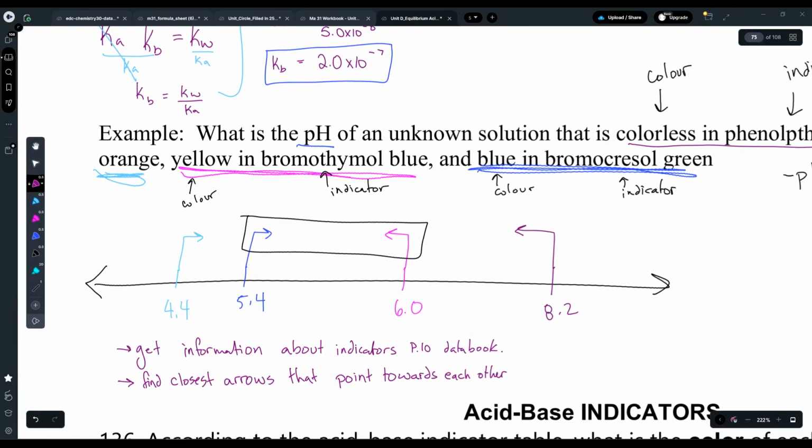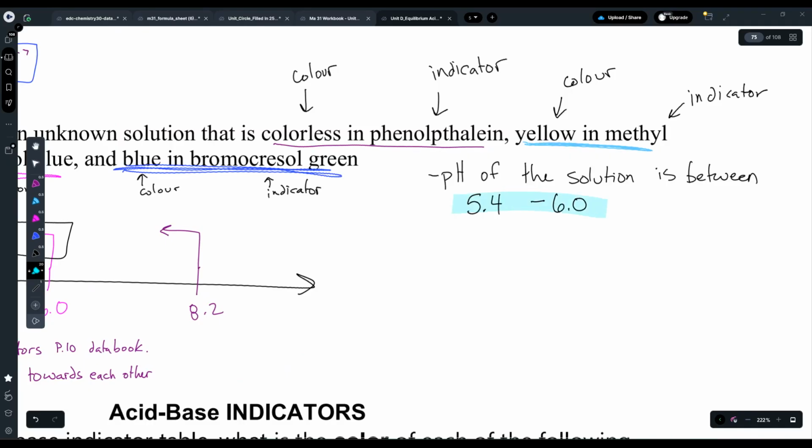Okay, now the question does ask us, what is the pH? Basically it's asking for a specific number, because right now what we have here is a range. The question is asking for one singular number to represent the pH of the solution.